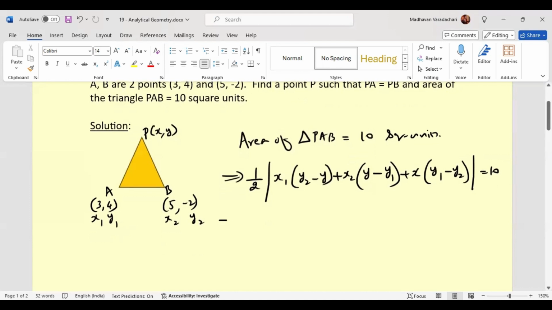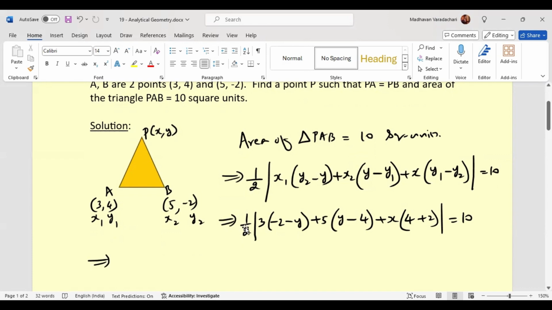Substituting the values, we will have 1 by 2 times modulus of x1, which is 3, y2, which is -2, minus y, x2, that is 5, y, minus y1, which is 4, plus x times y1, which is 4, minus y2. So minus or -2, it becomes +2, is equal to 10. Now cross multiplying, this 2, if I take it to right hand side, it will get multiplied with the 10.